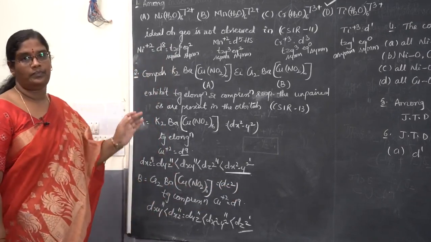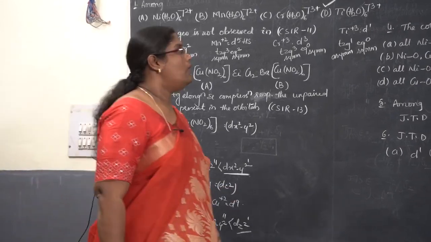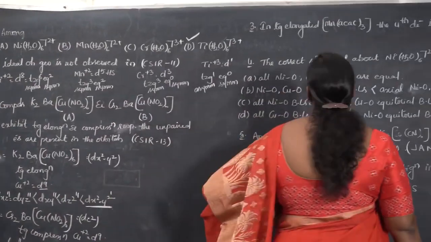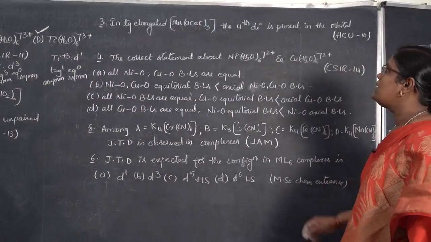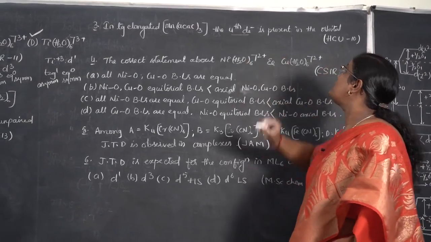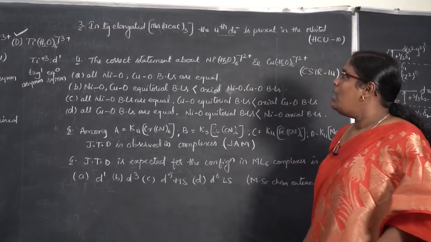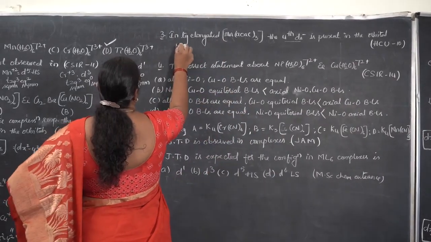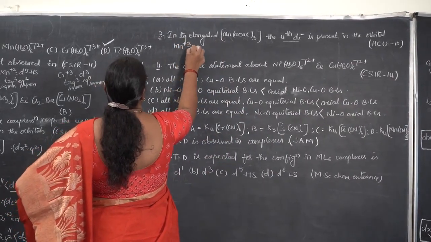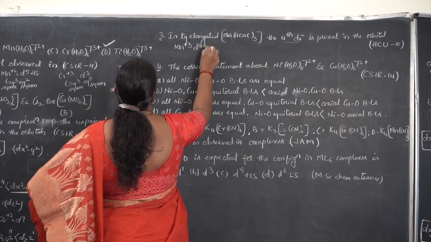Now the third question, it is a tetragonal elongated manganese acac complex. So the fourth d electron is present in which orbital. It is tetragonal elongation. It is Mn plus 3. It is d4 weak field.